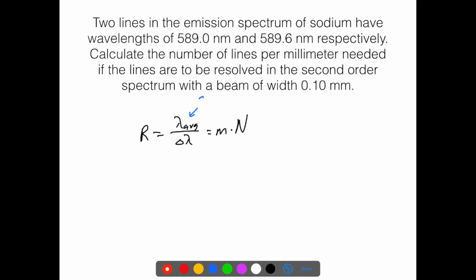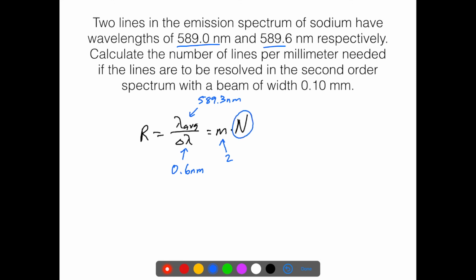What information do we have? Well, we know that the average is 589.3 nanometers. I just added the two together and divided by 2. We know that the difference between the two is 0.6 nanometers. Just subtract the two and you get the difference. It is asking for the second order, so we'll put in a 2 for the m.